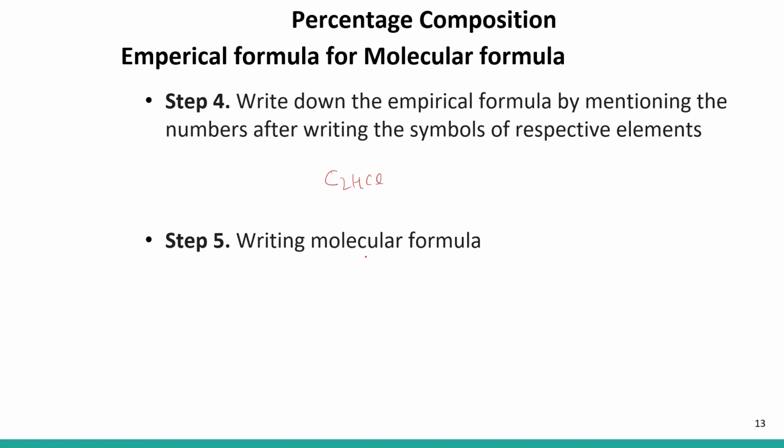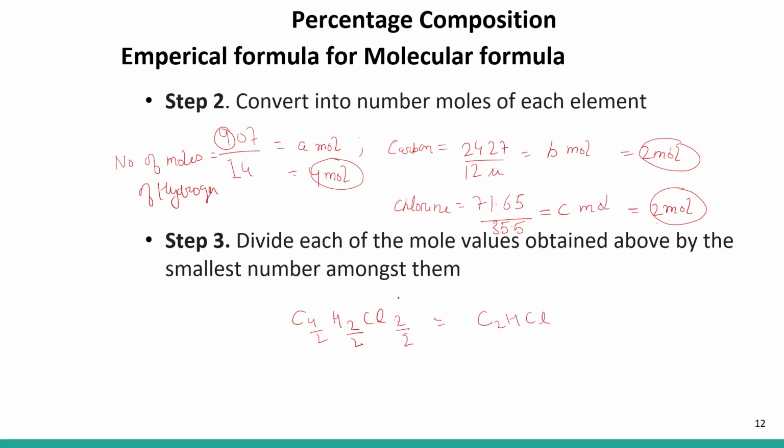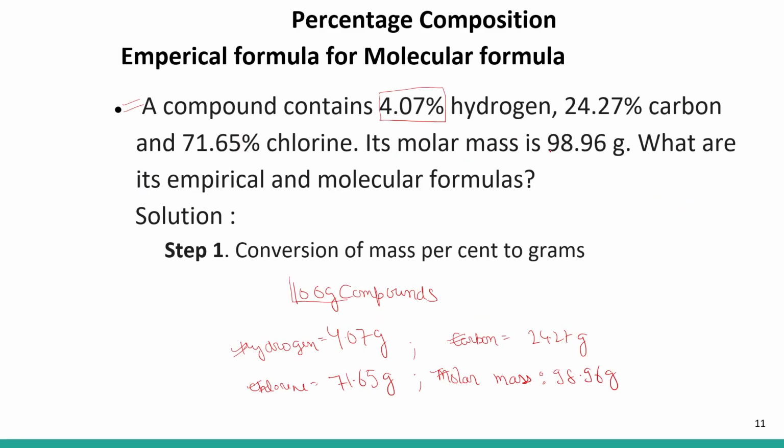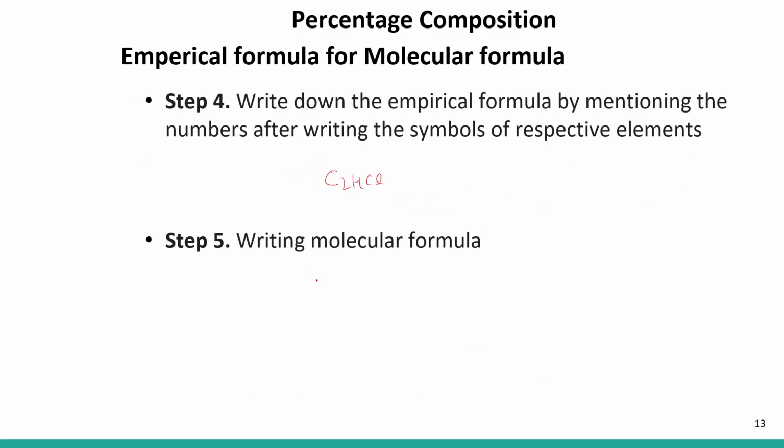Okay, now we have to find the molecular formula. So how will we do it? Okay, so we know the molar mass, which we have seen earlier, or it is given in the question only. It is 98.96 gram.